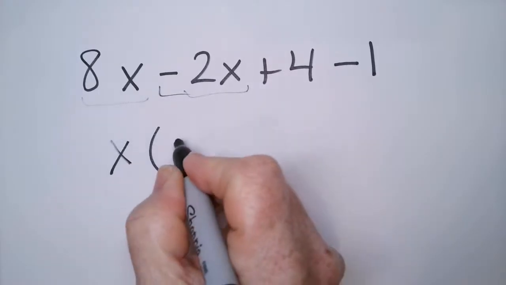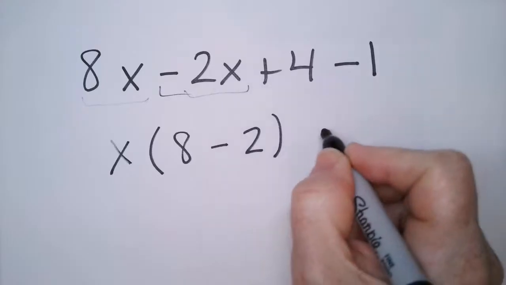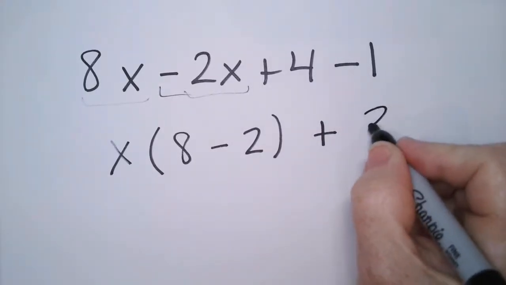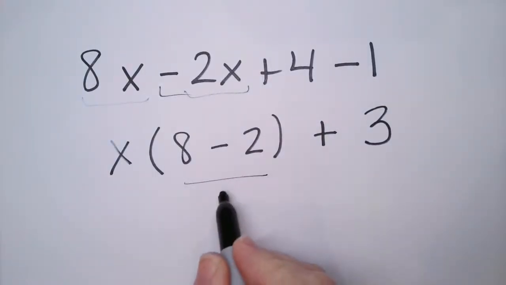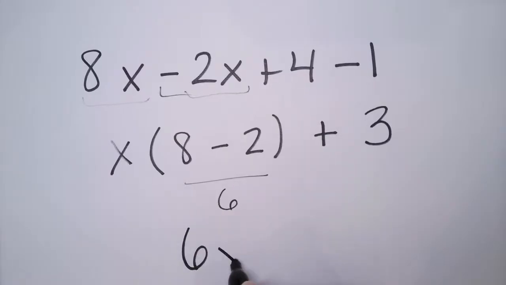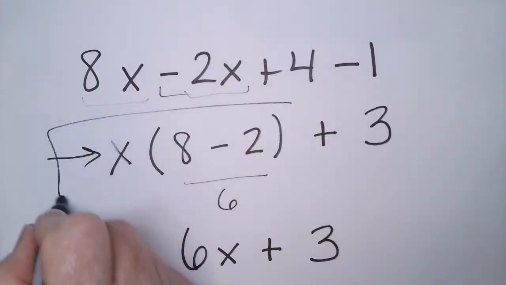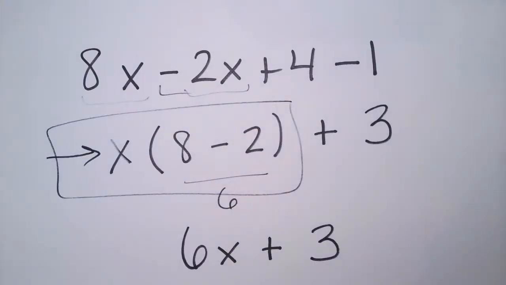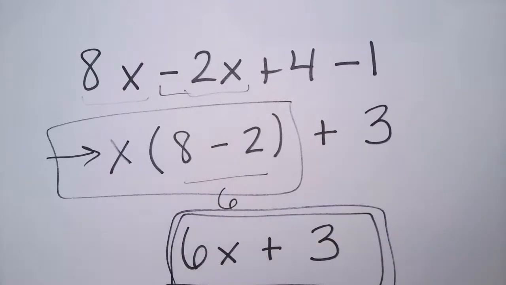So the x is going to be 8 minus 2 plus, and then we have 4 minus 1, which is 3. This thing becomes a 6, so this is 6x plus 3. I'm writing this step out just for now while we're getting started so you can see it. But in general, you're just going to do that step in your head. Okay, and there's your final answer.